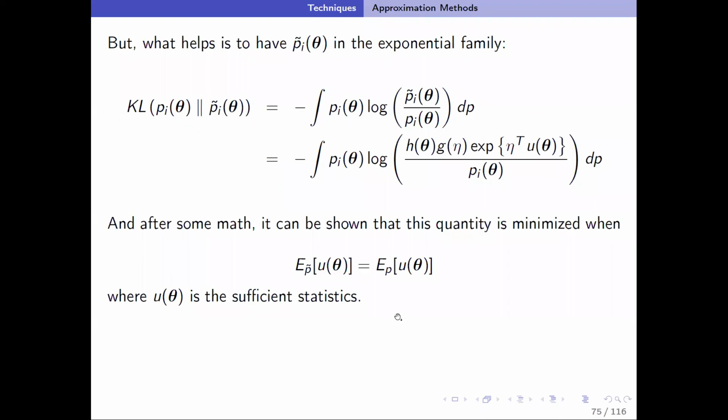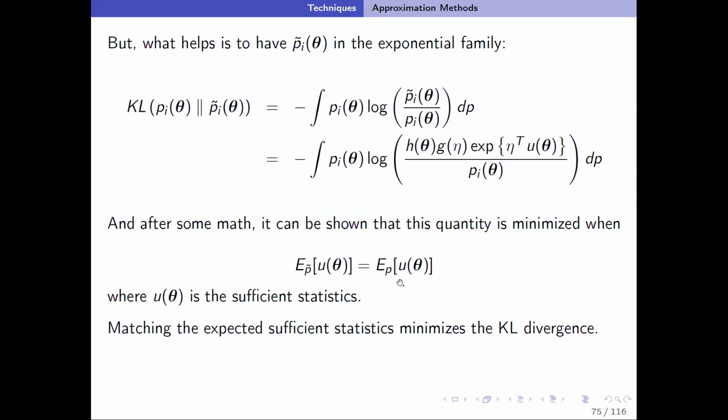That's impossible. So what helps is to have this P star tilde be in the exponential family of distributions. And this is a well-known fact: if you choose your exponential family distribution as a surrogate distribution, you can minimize this by matching the moments of the sufficient statistic. Okay, this is magical.